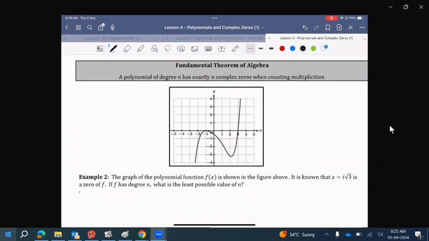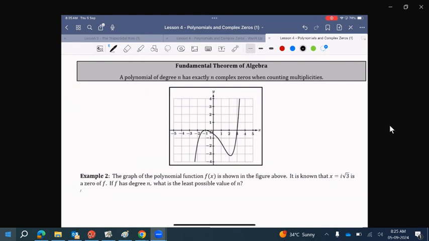So the fundamental theorem of algebra says a polynomial of degree n has exactly n complex zeros, counting multiplicities. When we talked about this the other day, we were asking how many real zeros a polynomial has, and we said at most n.